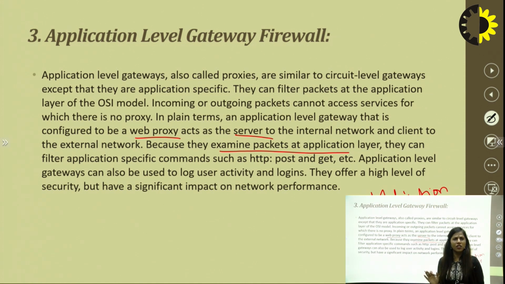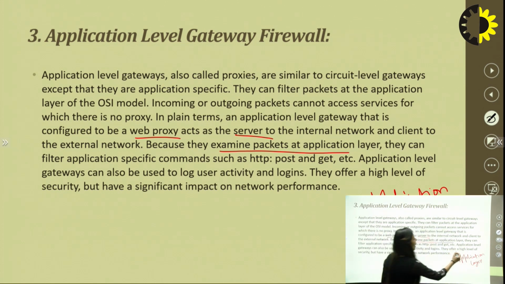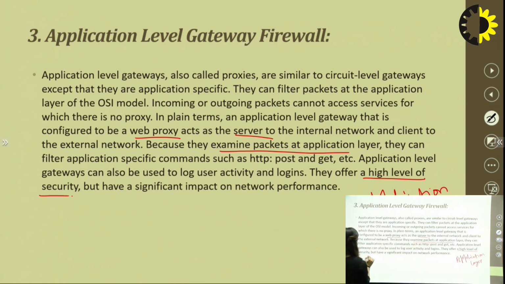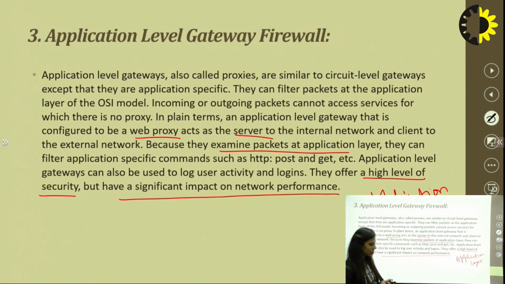It is significant to the network performance. Okay, they offer a high level of security. Means the best security is provided by the application level gateway firewall, as the incoming or the outgoing packet cannot access, so there is no proxy. So that's why it has a large impact on the network performance and a high level of security.